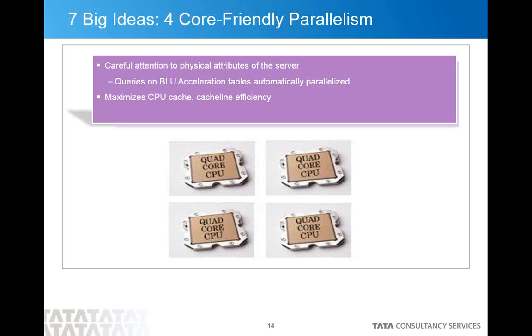It recognizes the servers that have an increasingly larger number of cores, and it is designed to take advantage of the cores automatically, so that it can always derive multi-core parallelism for all the queries that we run.